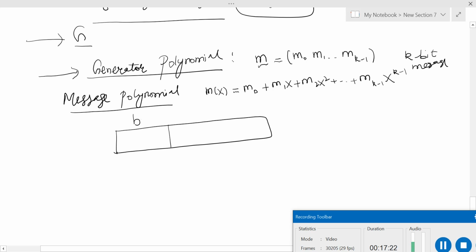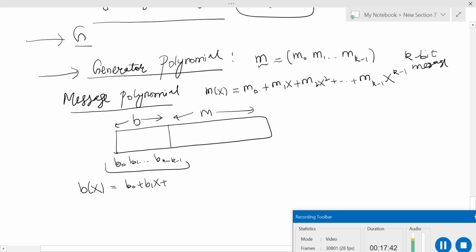One was the parity bits b and the other the message bits, right? Parity bits are n minus k bits, so suppose b0, b1 up to b of n minus k minus 1. Corresponding to the parity bits we will have the parity polynomial b0 plus b1x plus up to bn minus k minus 1 x to the power n minus k minus 1.